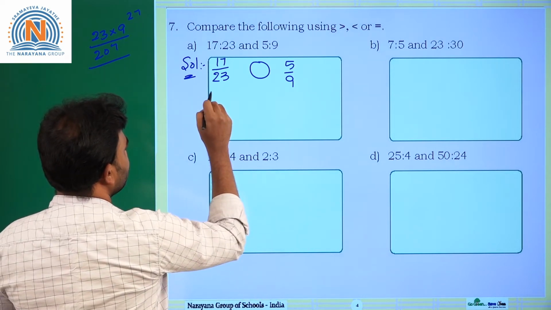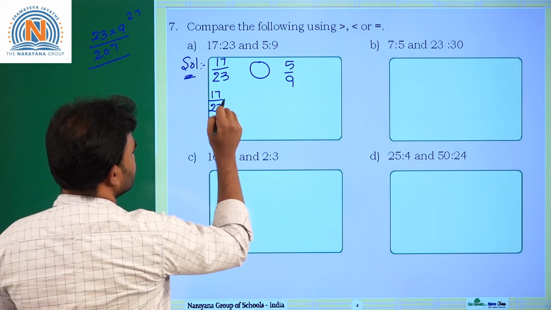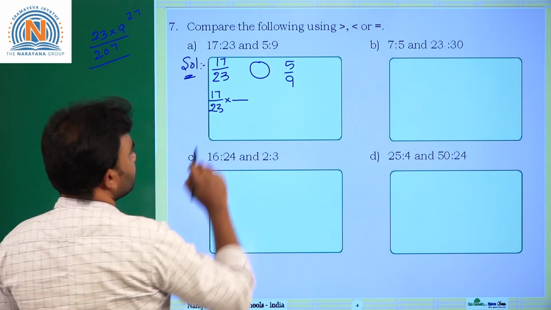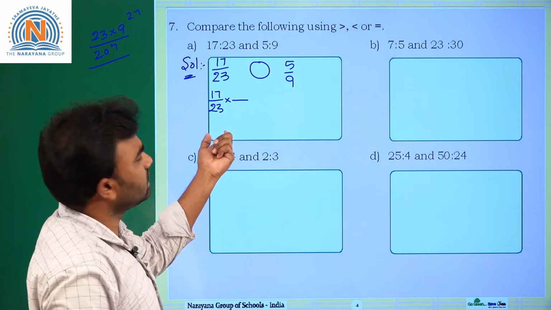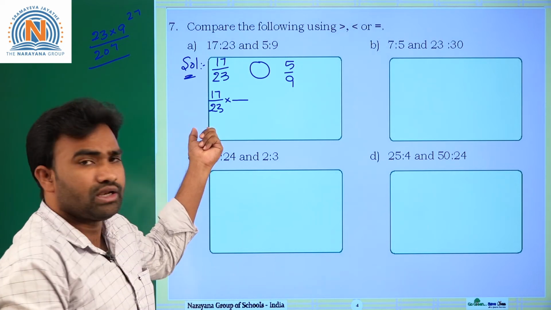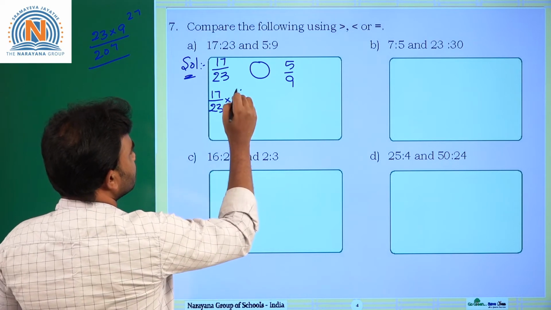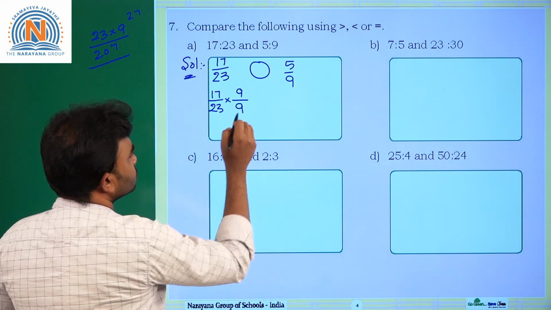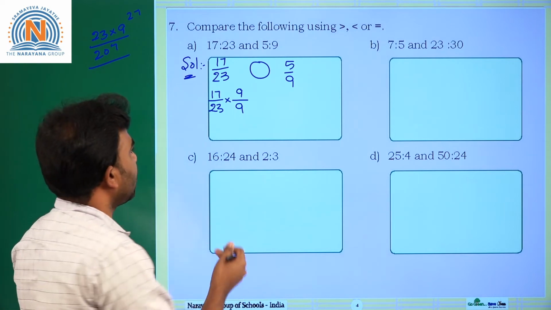Now the equivalent fraction of 17 by 23. To get 207 in the denominator, which number should be multiplied with 23? 23 nines. So numerator and denominator both should be multiplied by 9.